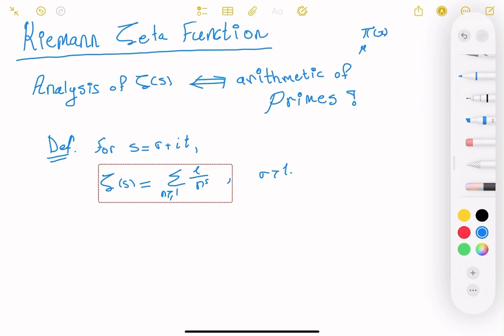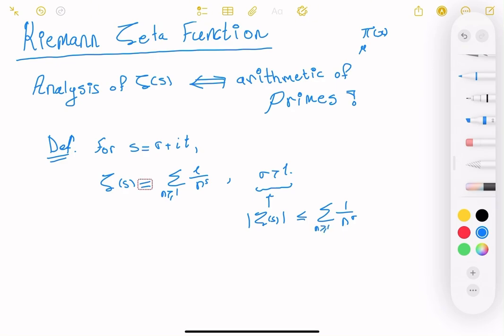And this assumption here is of course needed because we need to have absolute convergence of this object we're working with. So let's note that with this assumption, zeta of s is bounded by the sum of 1 over n to the sigma, and by basic calculus this is finite for sigma bigger than 1.